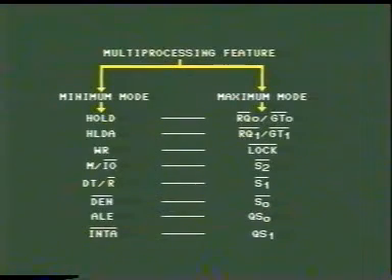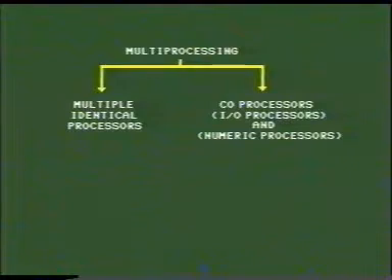Built-in architectural features are provided to resolve these problems. There are two basic approaches known as coprocessing and multiprocessing. In the first case, special purpose coprocessors such as IO processors and numeric processors have been designed to solve special purpose processing needs.